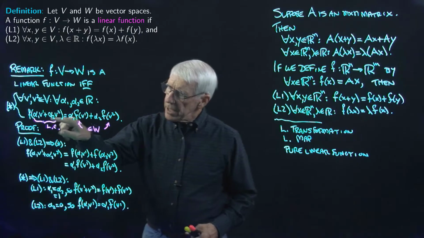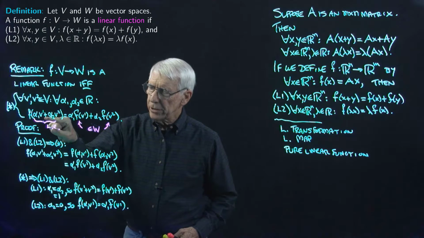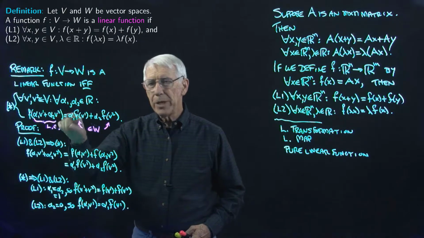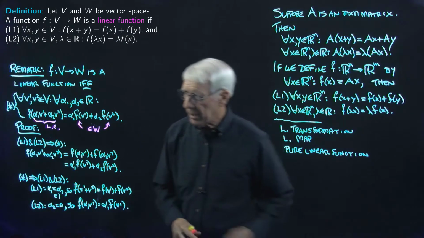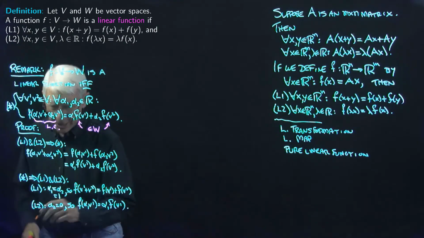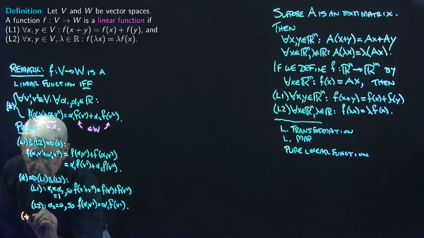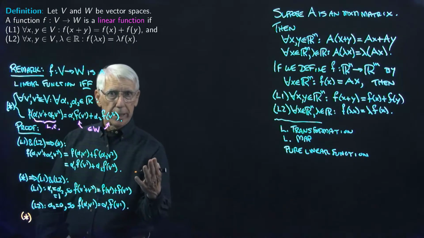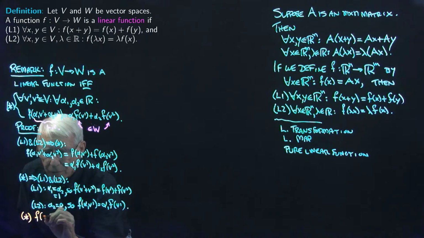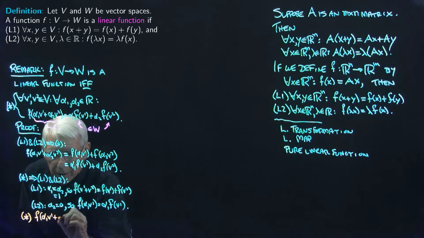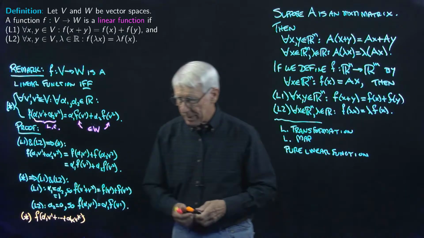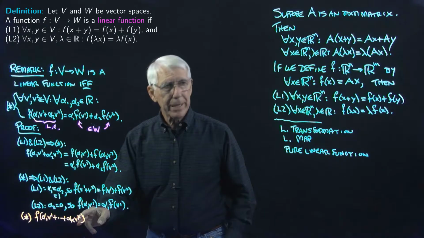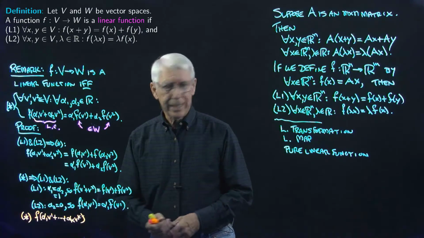So since this is just a linear combination of a pair of vectors, I could presumably say the same thing for an arbitrary linear combination with any number of vectors, and in fact that's the case. So let me write that down here. We could write star a little more generally: f of alpha 1 v1 plus out to alpha K vK, and I'm using capital K here because I don't want to get confused.